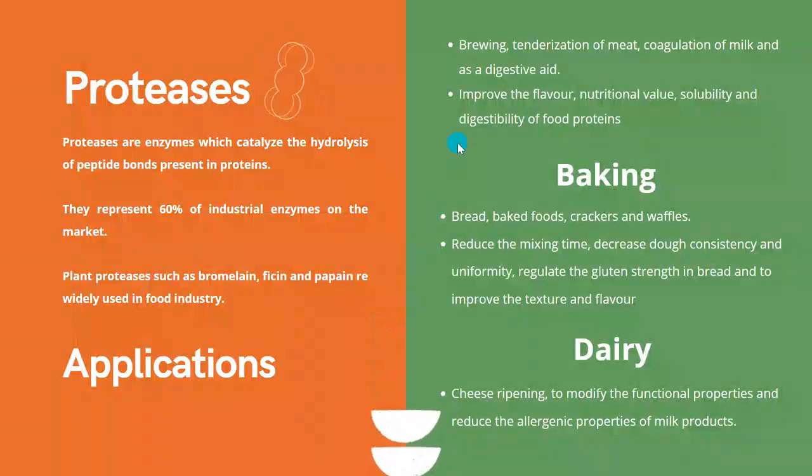If you come to the application again, baking and dairy are the major ones, but they are also widely used in the brewing industry, tenderization of meat, and coagulation of milk as a digestive aid, and they improve the flavor, nutritional value, solubility, and digestibility of food protein. How it does that is not important. You just need to remember the enzyme and the microbes from where they are produced and the industry in which they are used, right?